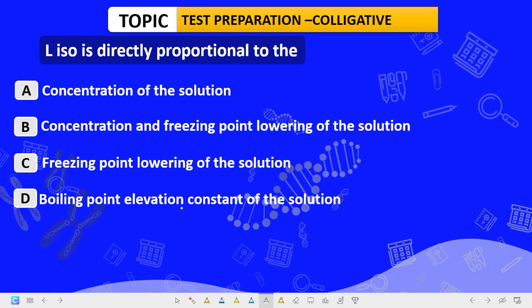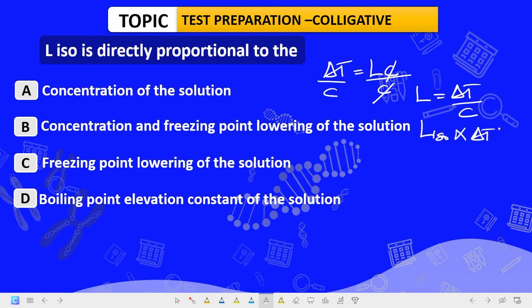L-iso is directly proportional to the, now we are told that the freezing point lowering is equal to LC, right? Where L is the L-iso we are talking about. If you want to make L the subject of the formula, divide both sides by C. C cancels C, so your L is equal to change in T all over C. So L-iso is directly proportional to change in T, but inversely proportional to the concentration.